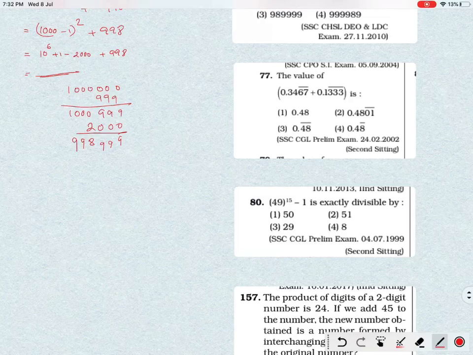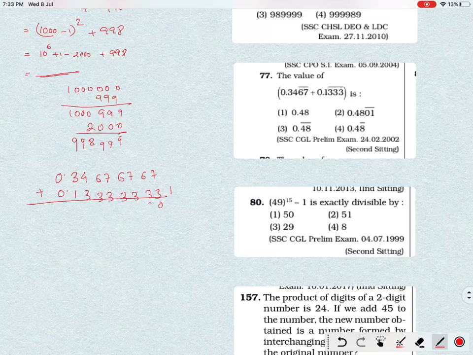Coming to the next one, 0.34676767. Bar means repetition. All of you know that. Just do the addition.